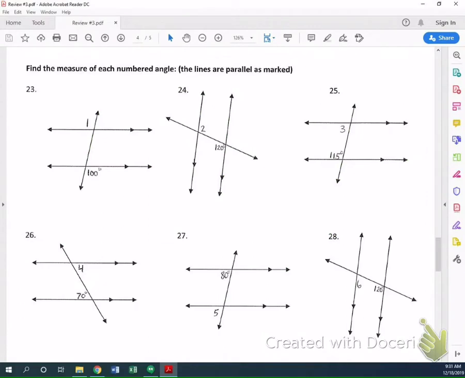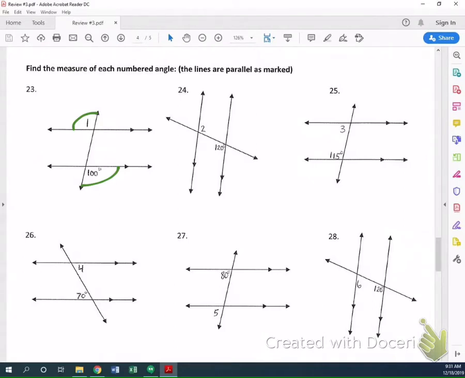All right, so this is that stuff I was talking about with the parallel lines and the transversal. There are a bunch of different relationships. The trick is to remember which ones make the angles congruent and which ones are supplementary. So here, I'll just make you a little note.